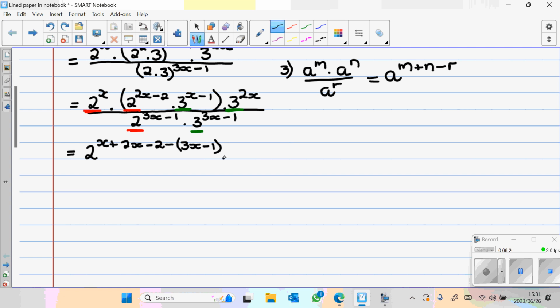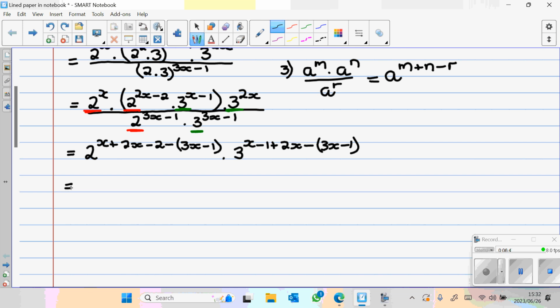And then I have 3 to the power x minus 1 plus 2x minus 3x minus 1. Once again, I put it in brackets because the negative in front of it is going to influence the minus at the back.